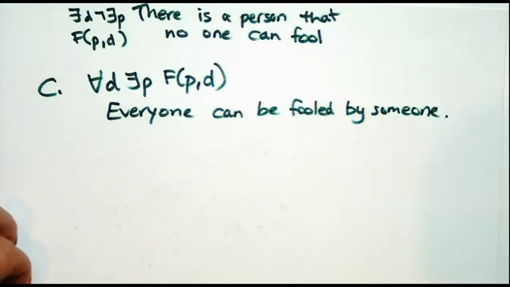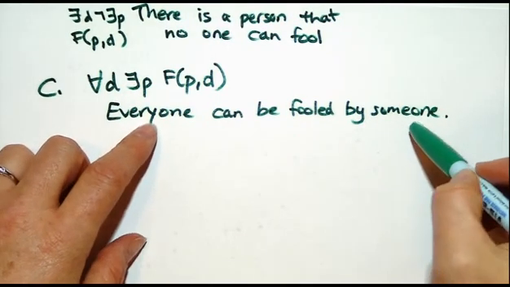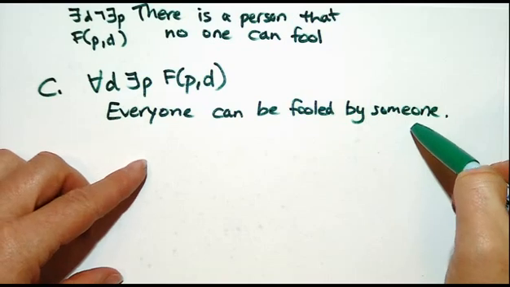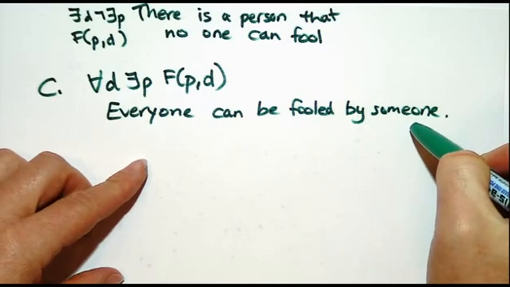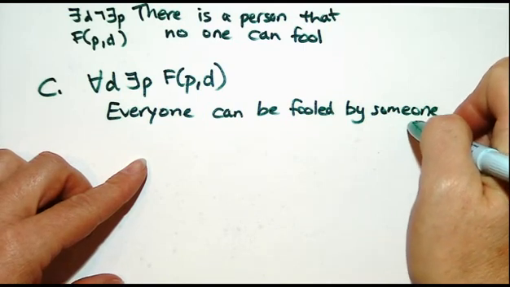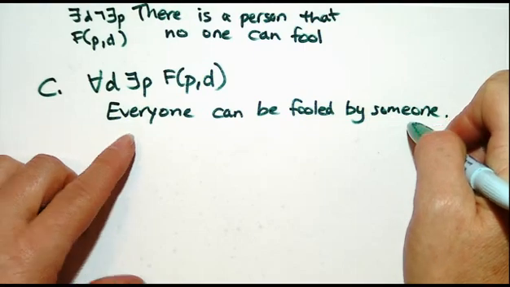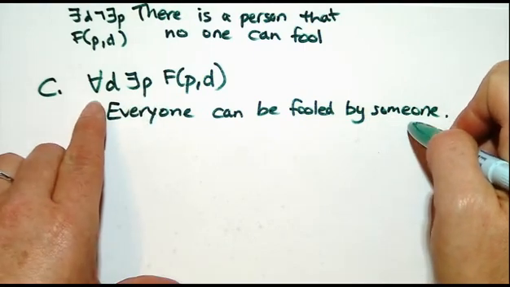A question you should ask yourself when you write your English is, how many people is each of these describing? So when I say everyone can be fooled by someone, how many people are doing the fooling? How many foolers are there? Potentially how many? Could be a lot, right? If that there exists was first, there should only be one.